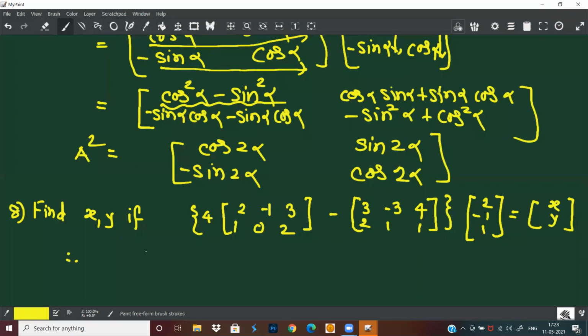पहले तो ये 4 से मल्टीप्लाई करना पड़ेगा अपने को. 8 minus 4 12, 408.